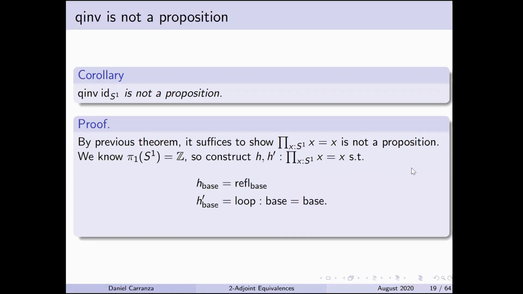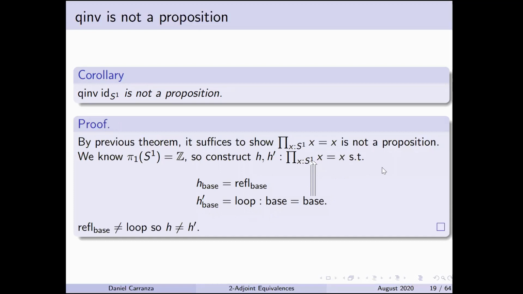We know that pi1 of S1 is equal to Z. So we want one such element that sends base to refl base. Refl base is a proof that base equals base. And I have one that sends it to the loop on S1, which is also a proof that base equals base.